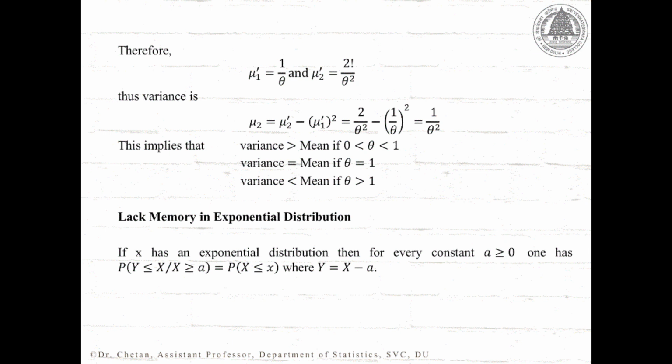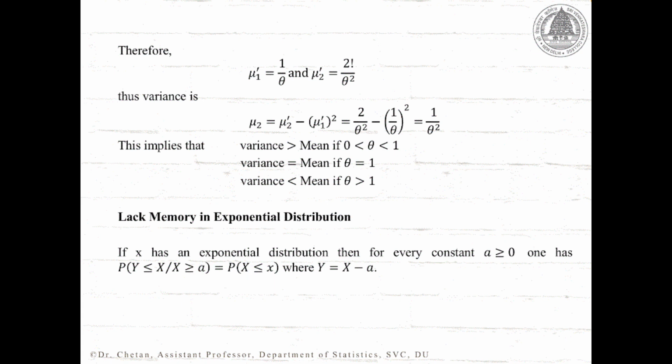This implies that the variance in the exponential distribution is greater than its mean if theta lies between 0 and 1. If theta is equal to 1, then the mean equals the variance, and if theta is greater than 1, then the variance is less than the mean.